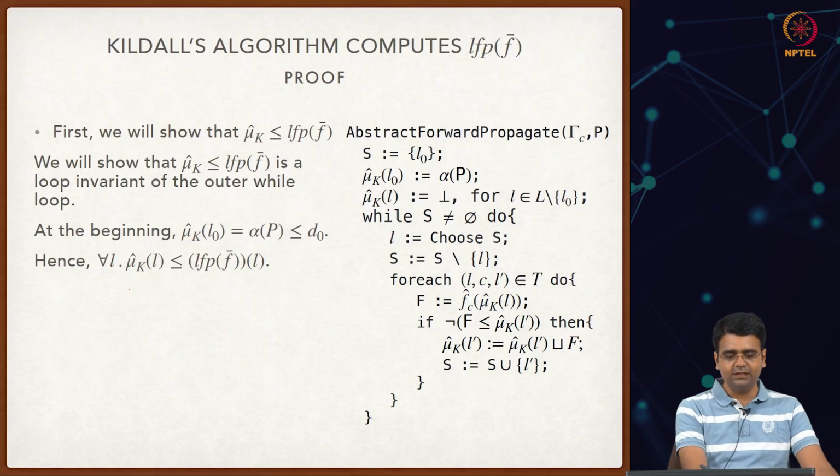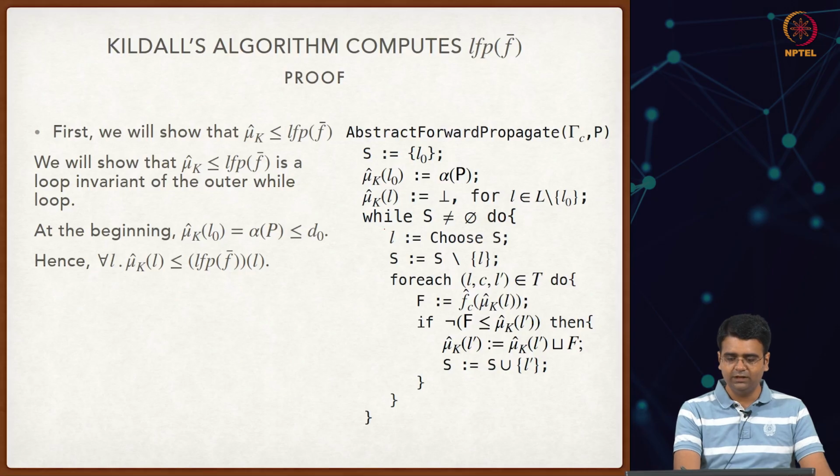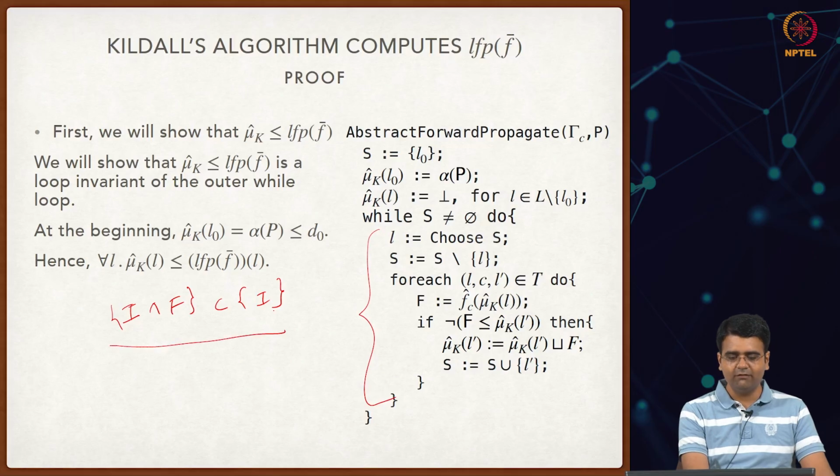So for every location L, mu hat k of L is less than or equal to LFP of f bar at the location L. Now the next thing we have to show is that it is a loop invariant. If you recall the property of loop invariants, we have to show that if I is the loop invariant and f is the loop conditional, C is the body of the loop, then this should be a valid Hoare triple.